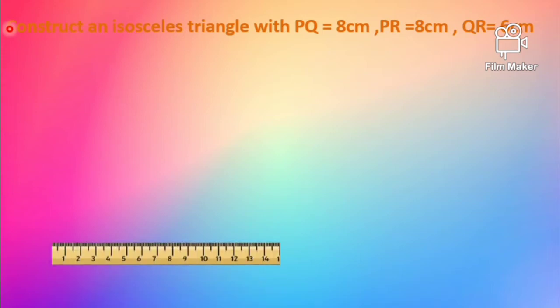First of all, we will draw a line segment PQ of 8 centimeter. Now you can see this is a line PQ of 8 centimeter with the help of ruler.